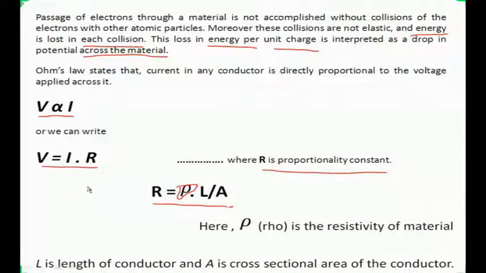And here you can also see that rho is equal to R into A upon L, if we can measure the resistance of a particular size of that material. So what is the unit of rho also becomes important. We know that the unit of resistance is ohm.